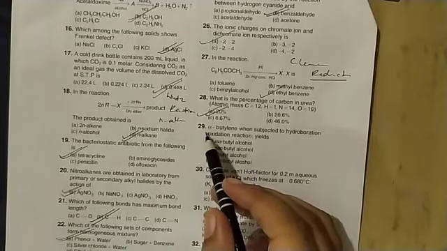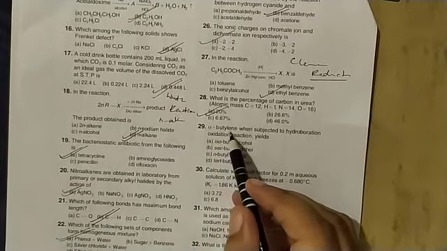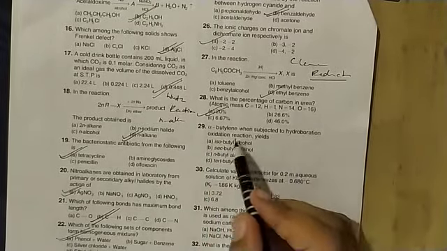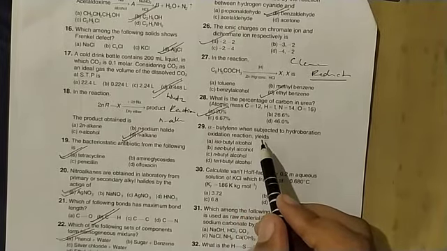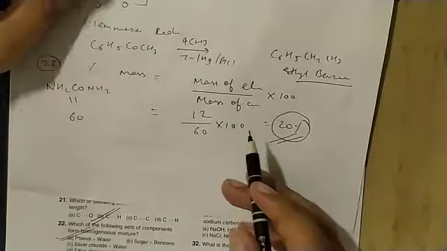Question number 29 is, alpha butylene when subjected to hydroboration oxidation reaction yields. Let us look at the reaction first.